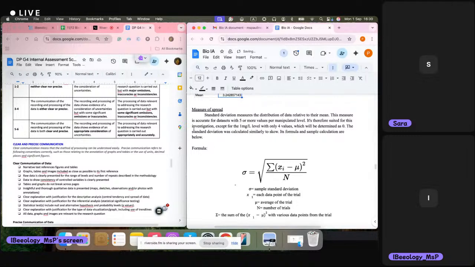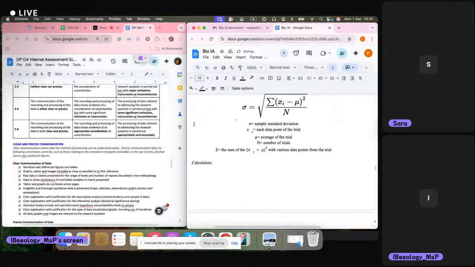Do I say that I have 5 or more values for my manipulated variable levels? You have to justify why calculating the standard deviation is appropriate to your data. Is it suitable for your statistical analysis later? I get that you do that, I get that it's part of it, but why? What is this used for? What are you going to use it for?